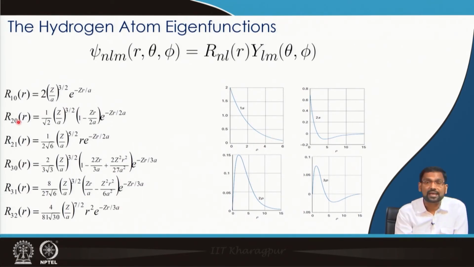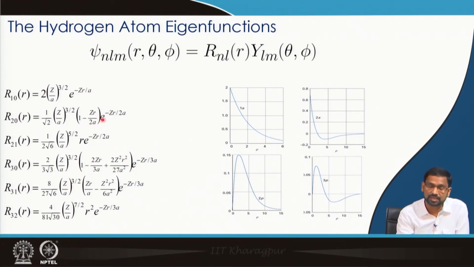Now, come to 2s. This is the 2s orbital. When you look at this function, let us ignore these constant terms. Every time we have this exponentially decaying function, except that it is now decaying like e to the power minus r by 2, since Z is 1 and a is 1 in atomic units, as opposed to e to the power minus r.